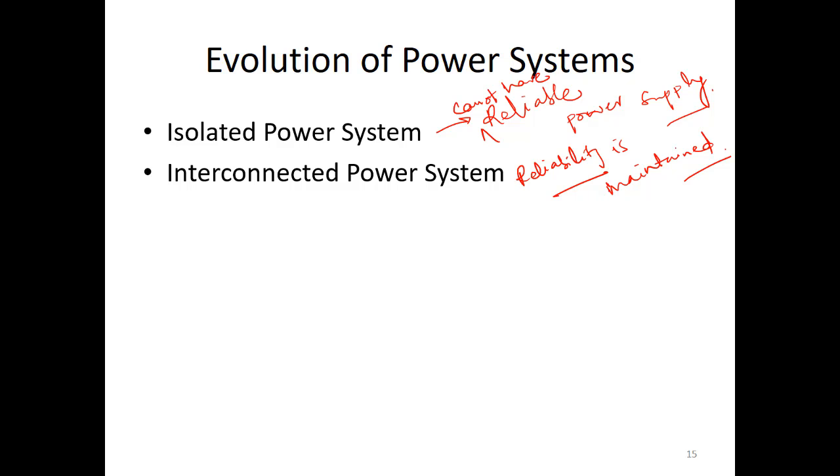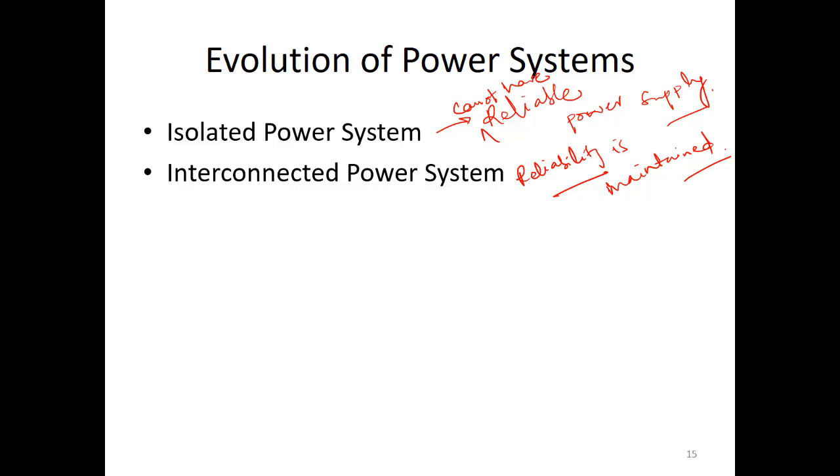And another benefit of the interconnected power system is economic operation, where the power system can be operated economically by using the economic load dispatch method. And also, as we know, there are certain disadvantages in the interconnected power system.